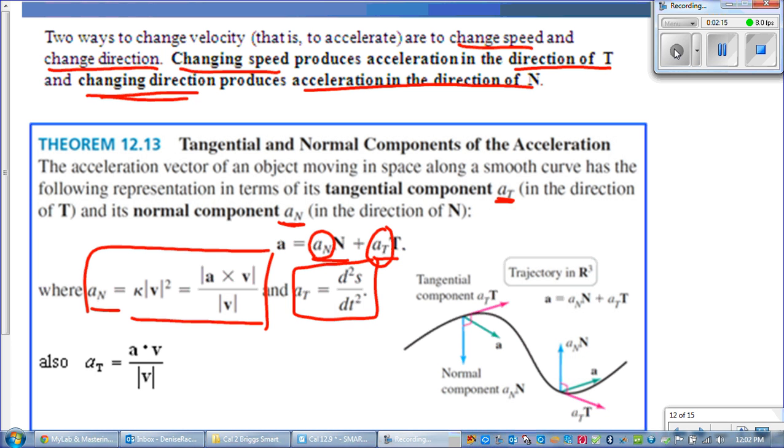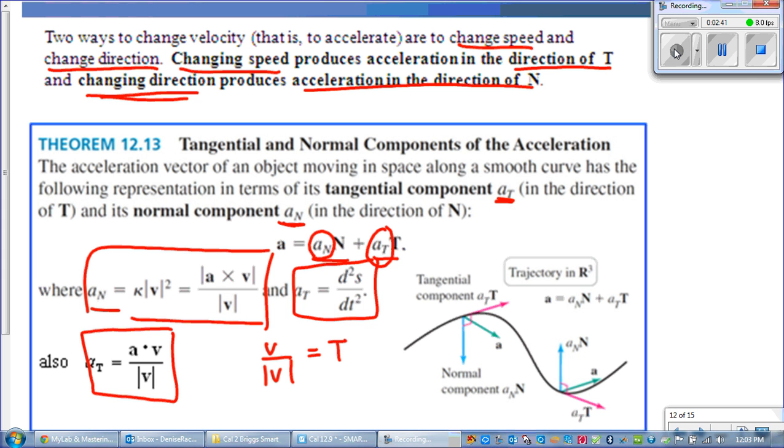We also had a formula for it where it was the dot product over the magnitude of v. That's where you're just taking the acceleration and taking the dot product of it with that tangent vector. Remember, v over the magnitude of v is that unit tangent vector. So let's see how we can actually find these components.